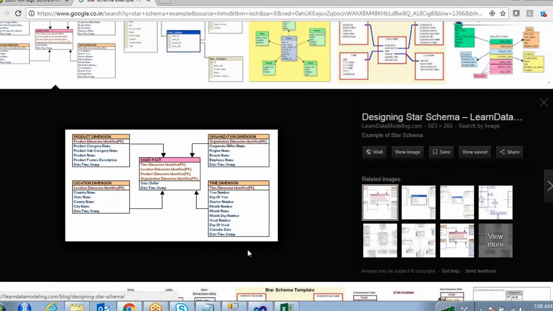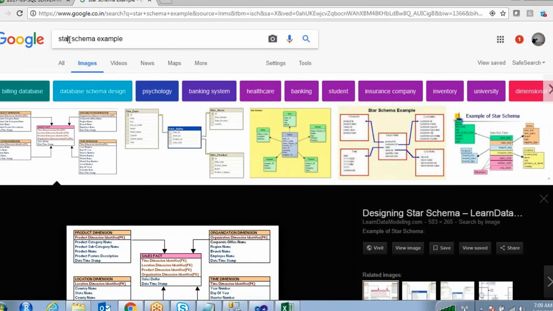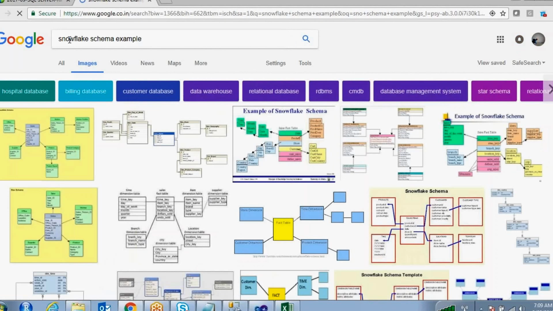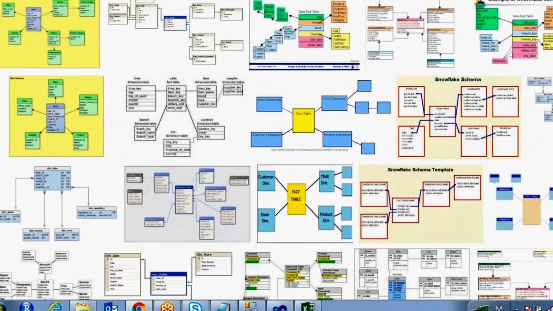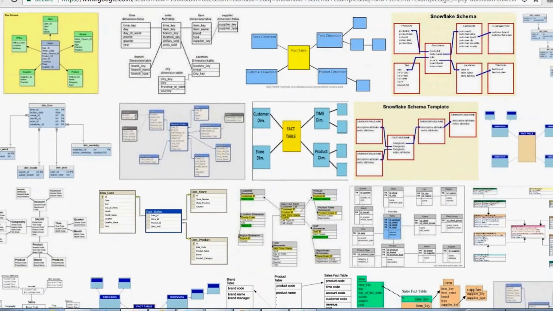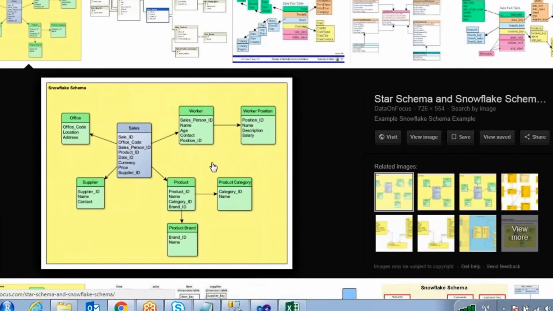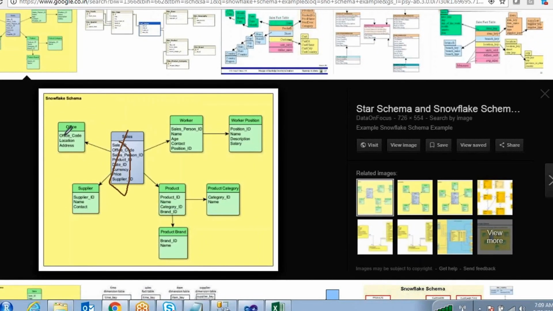So what about the next one, the snowflake schema? In the snowflake schema, some of the dimensions may not have a direct relationship with the fact table. You can take any example, no problem. See, this is a sales table, and this is one dimension.